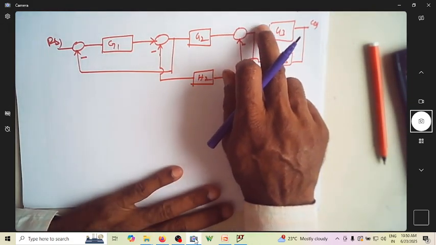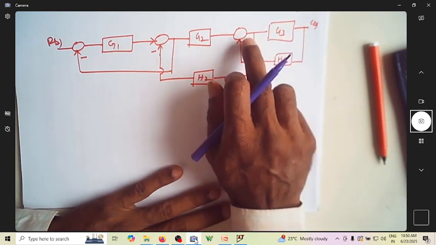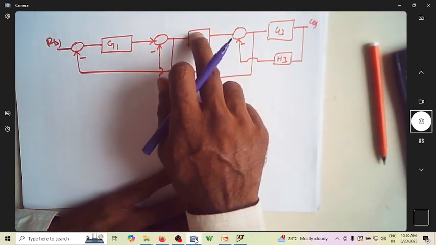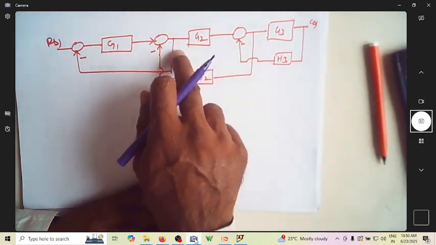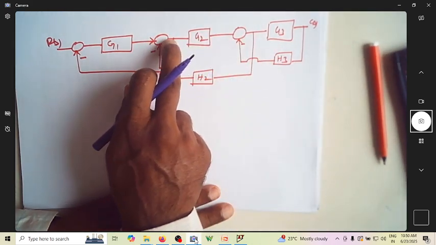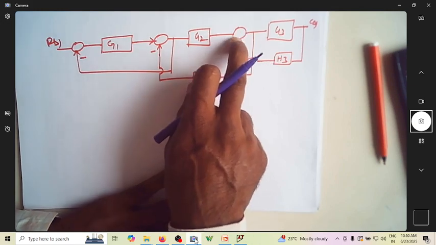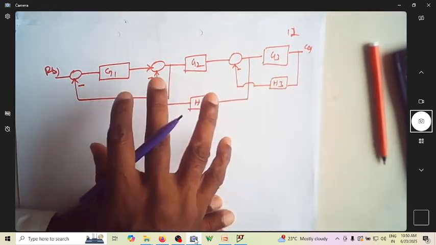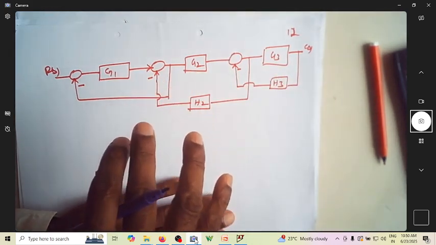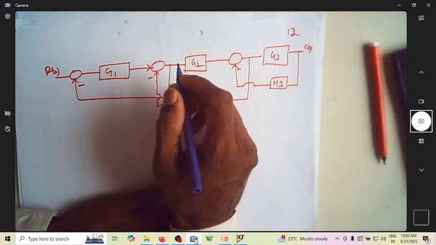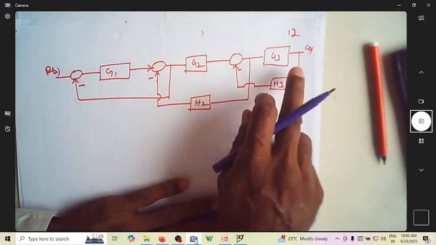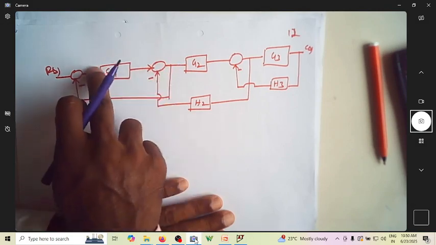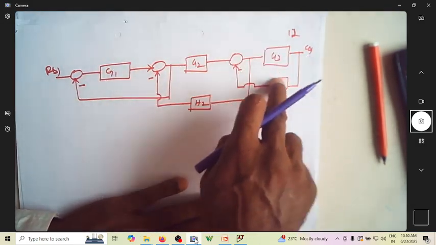Again, can I reduce this? You cannot reduce this because there is a takeoff point here. Can I reduce this? No, you cannot reduce this because there is a takeoff point here. There is a summing point here. It becomes so difficult to find the transfer function using block diagram reduction, because you have a hurdle here, a hurdle here, and a hurdle here to reduce this feedback, this feedback, this feedback.